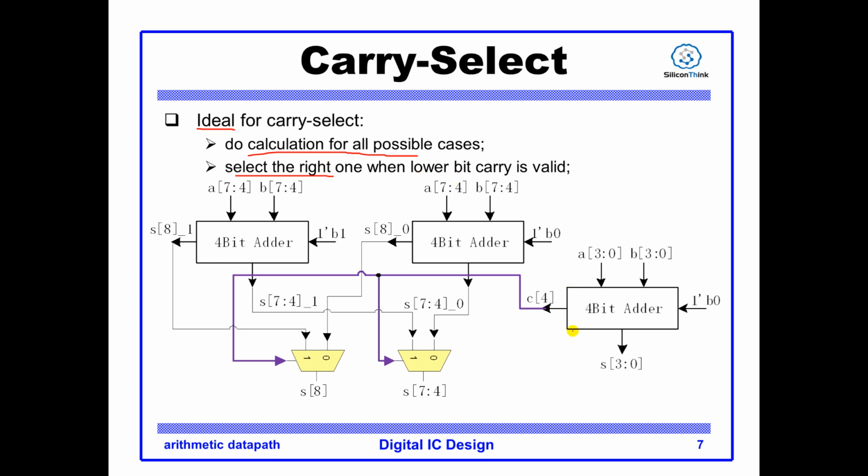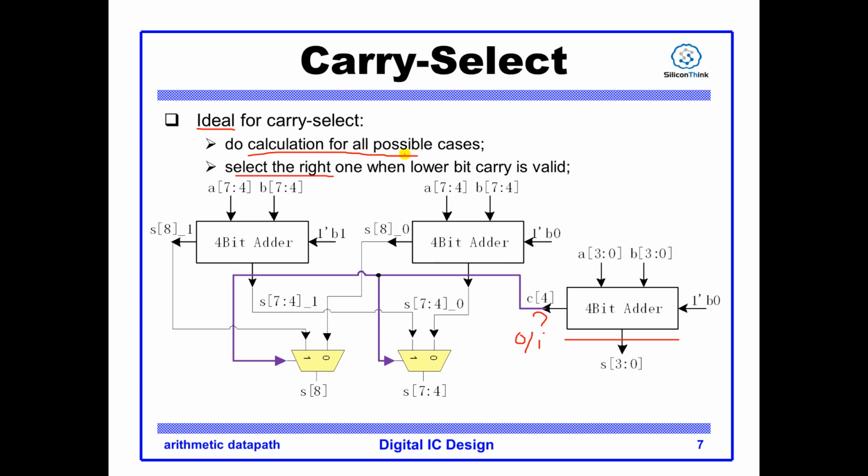So for the first 4 bits, you just use this simple 4-bit adder. But I don't know what the carry out of the first 4 bits is. I don't know if it's a 1. How to calculate the higher bits? You don't know. So you can guess.